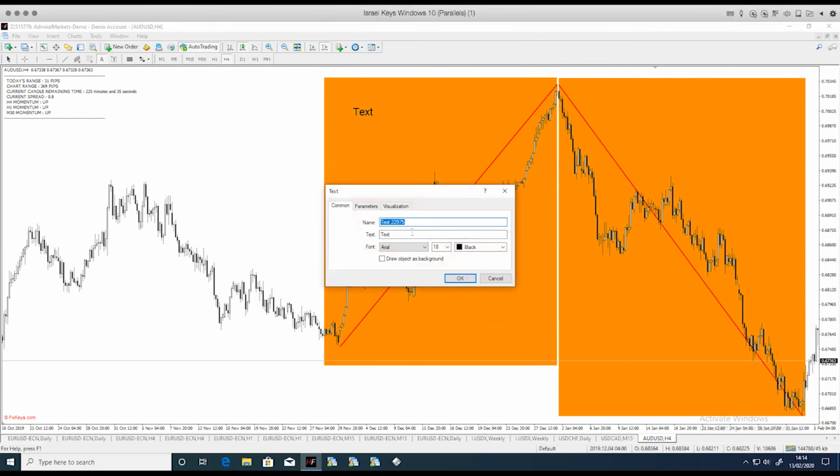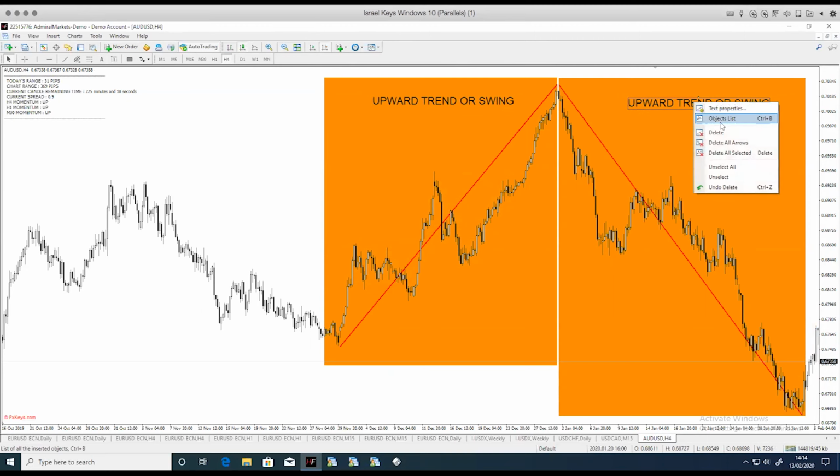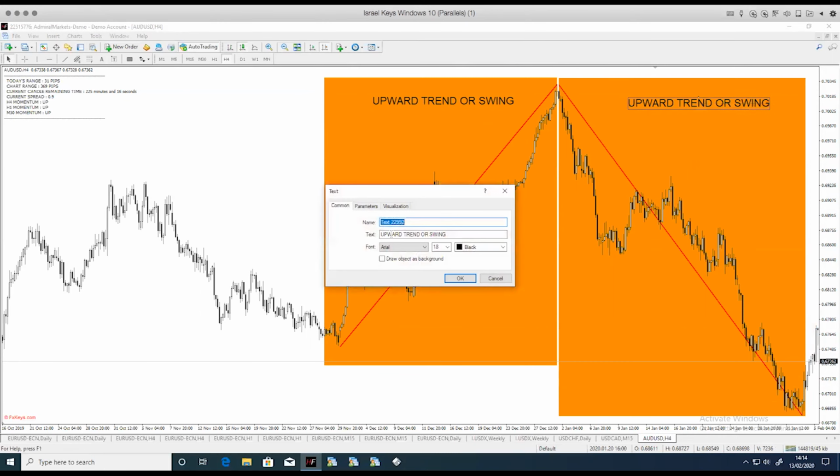So I'm going to annotate my chart as I go along. That would be an upward trend or swing. And this would be a downward trend or swing. So upward, downward. There we go.